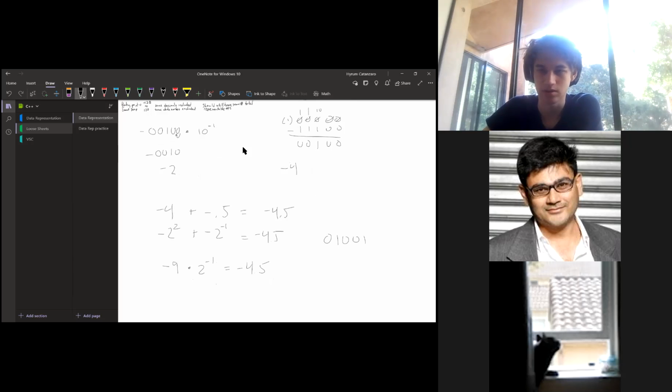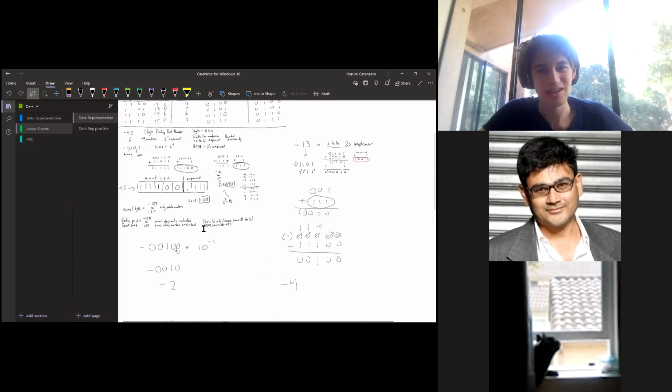Then we convert this: we get 1, 0, 1, 1, 0, plus 1, so we get 1. This is our two's complement, so we get 1, 0, 1, 1, 1, 1, 1, 1 for our actual answer. Does that make sense? Because up here we did -4 plus 2 to the -1 instead of -4 times 2 to the -1.